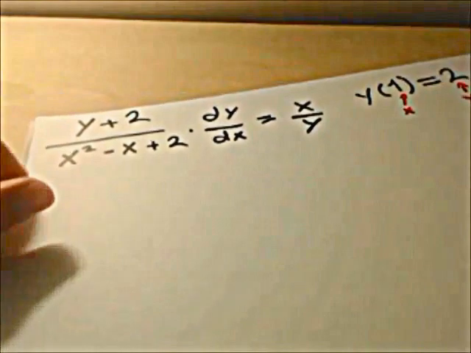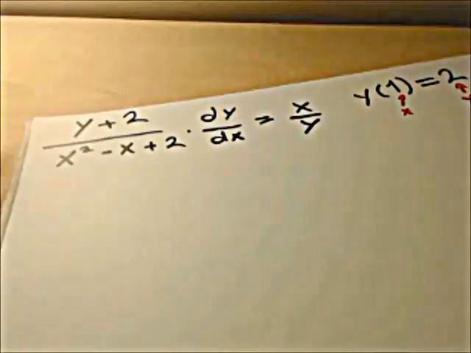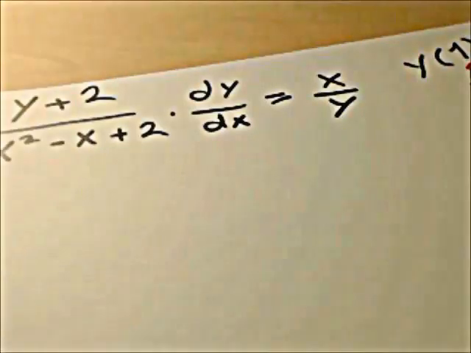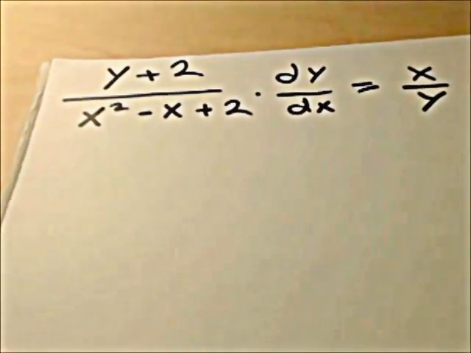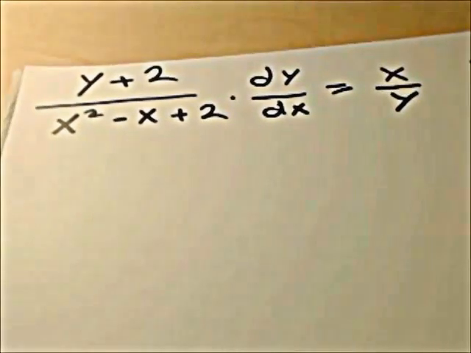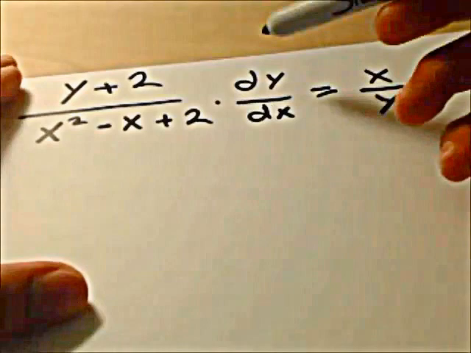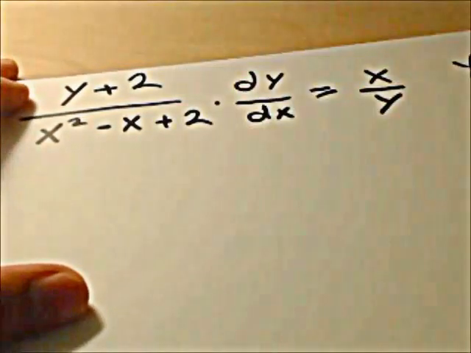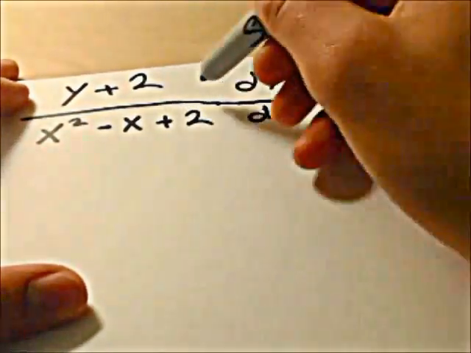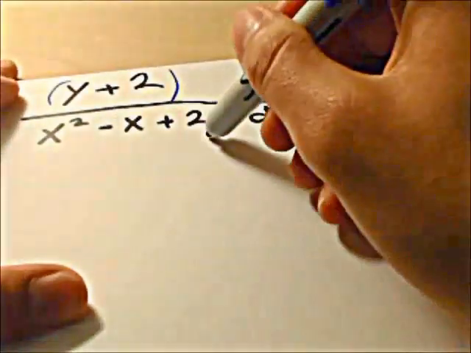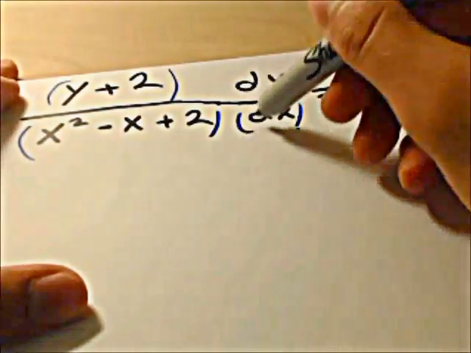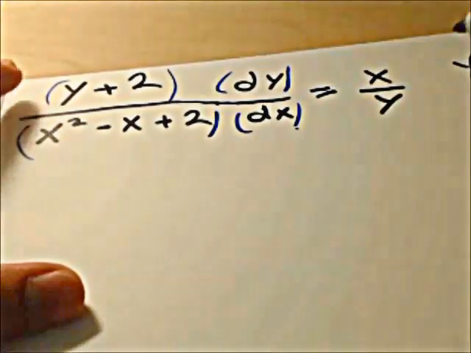So let's see what we've got here. We've got (y plus 2) over (x squared minus x plus 2) times y dx equals x over y. So let me just zoom in a little bit in here. What I'm going to basically do is just cross multiply here. Let's just consider this as a multiplication, it's going to be dy times that.